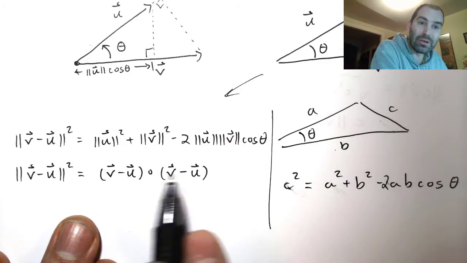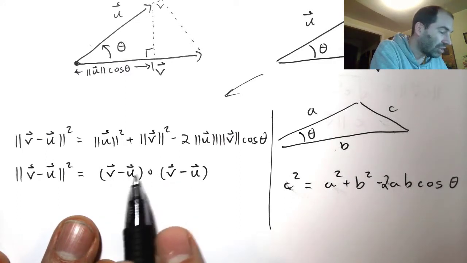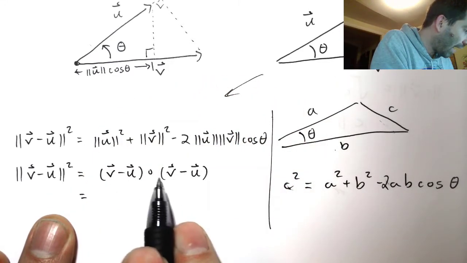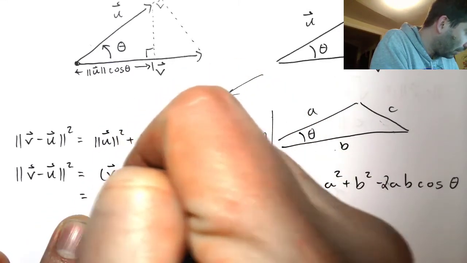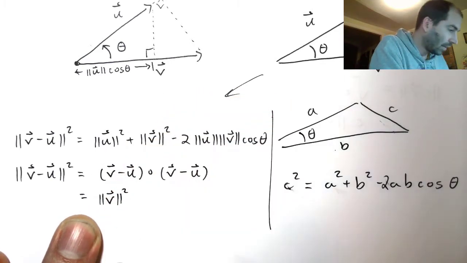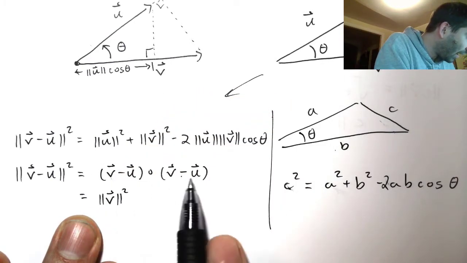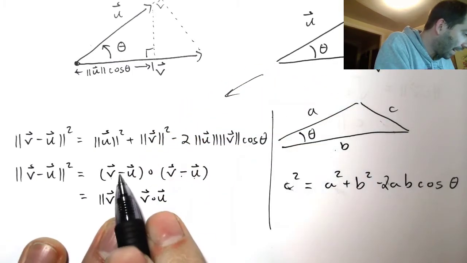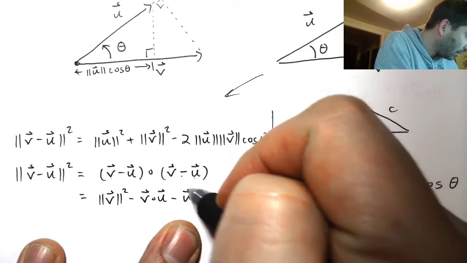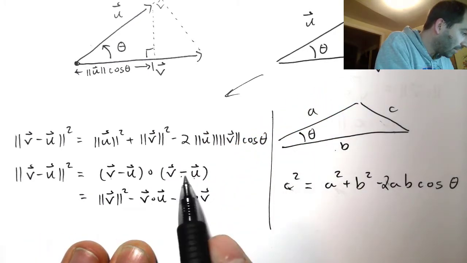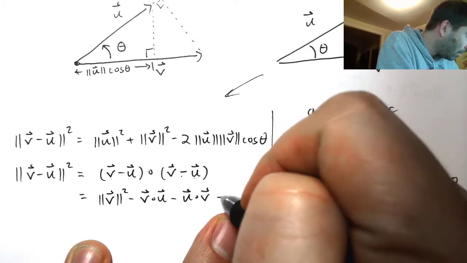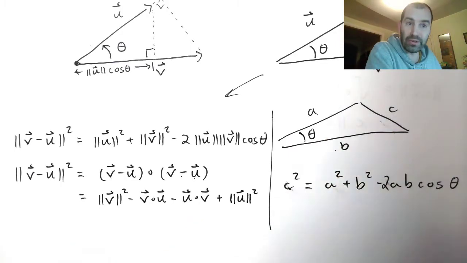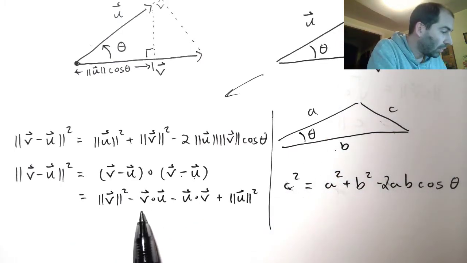And it turns out when you do those properties, it works just like when you multiply two binomials together, right? We're going to have v dot v, which is going to be the magnitude of v squared, minus v dot u, minus u dot v, minus minus, that's a plus, u dot u. But remember, u dot u is just the magnitude of u squared, using that property again. Now, what did we say about a dot product?